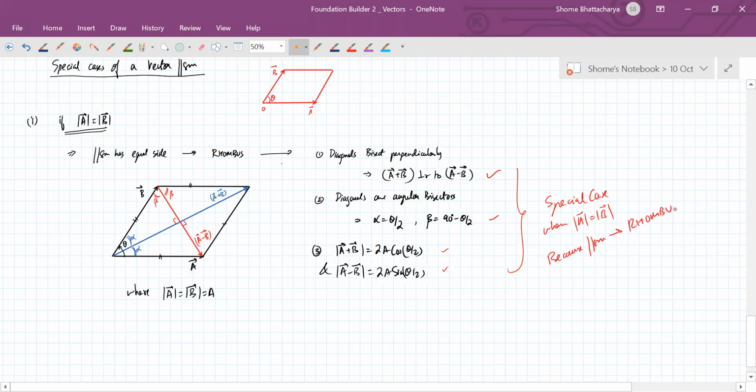So the properties of the rhombus become applicable. So the third point, I will show it to you how these formulae work out, but just make a note of this first, and you will see with solving problems this is a very useful shortcut. It's of immense help. It can really help us cut short our solutions by quite a few steps.